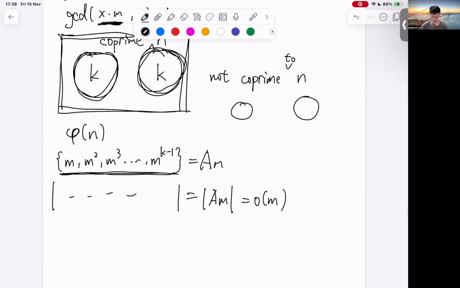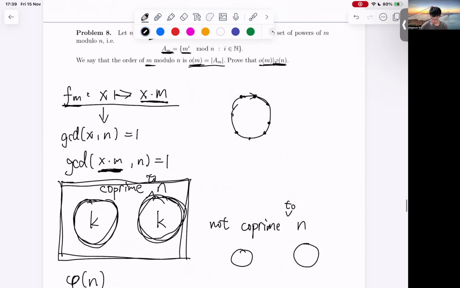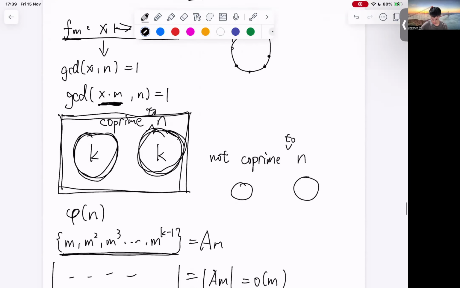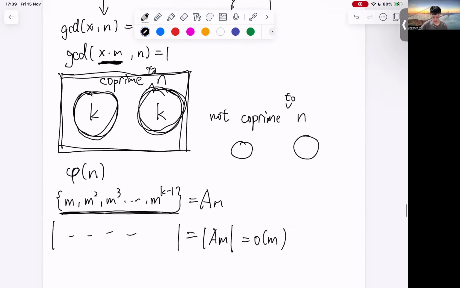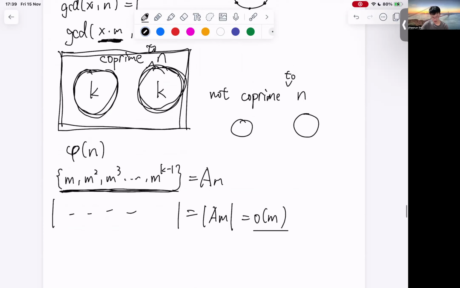So we consider this cycle, and well, not necessarily containing one, but this cycle would have the length of o_m. So this k is actually o_m.